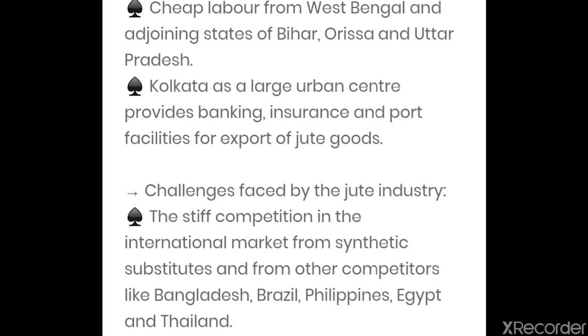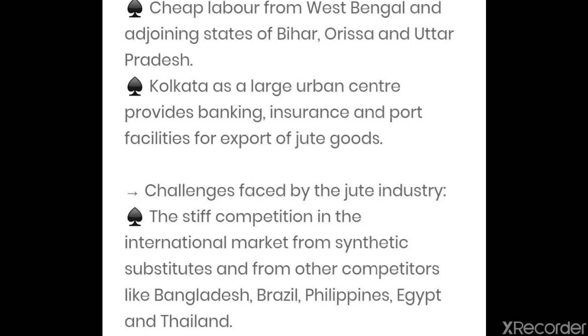So the jute industry is also not free from challenges. It faces various challenges from time to time, including stiff competition in the international market. The international market has competition from synthetic substitutes and from other competitors like Bangladesh, Brazil, Egypt, Thailand and Philippines.